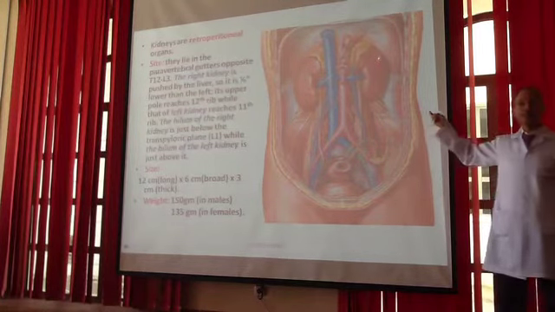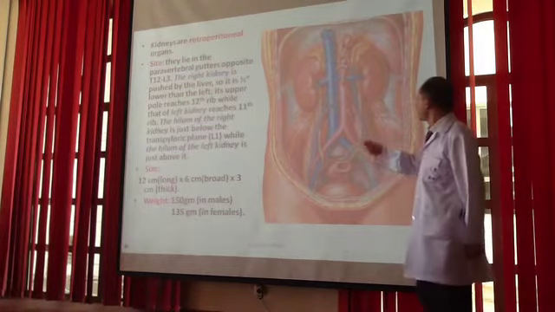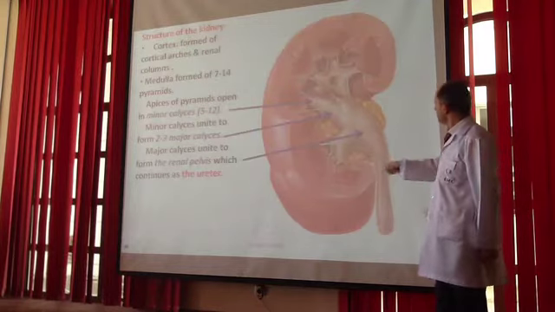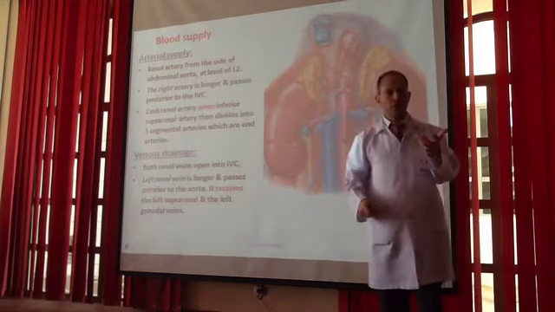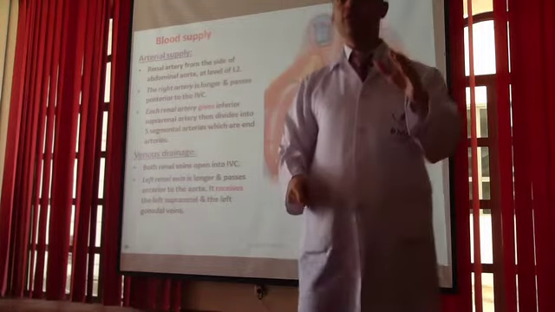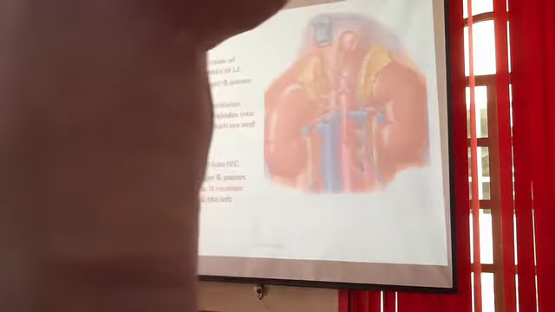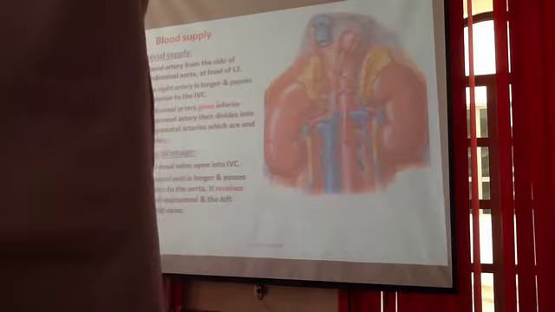And the left one is semilunar in shape. By the way, the suprarenal gland has medulla and cortex. The medulla secretes epinephrine, which has another name, adrenaline. That's right. On the other hand, the cortex is triple layer.